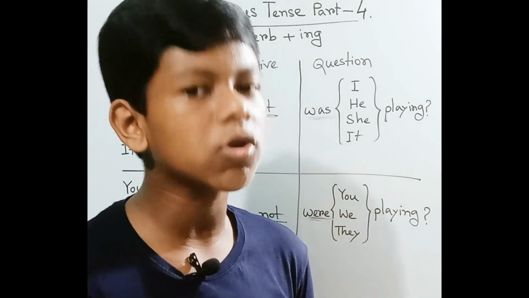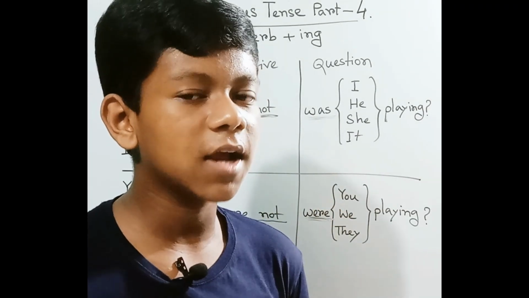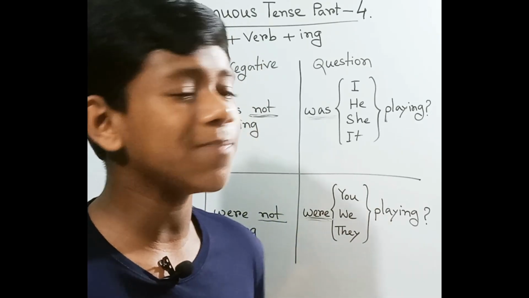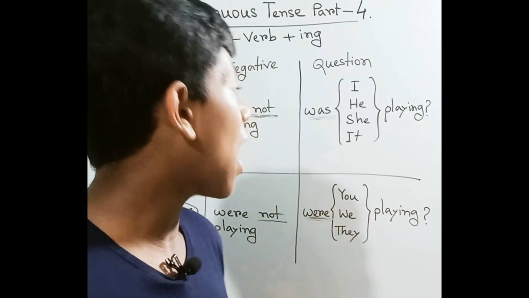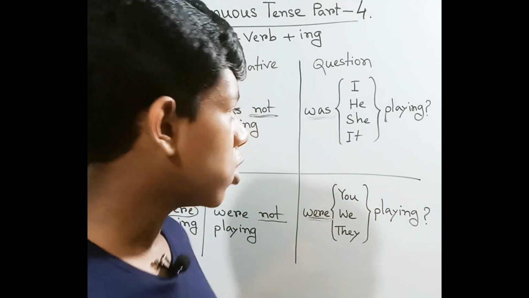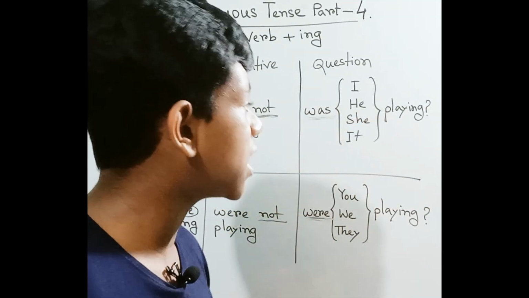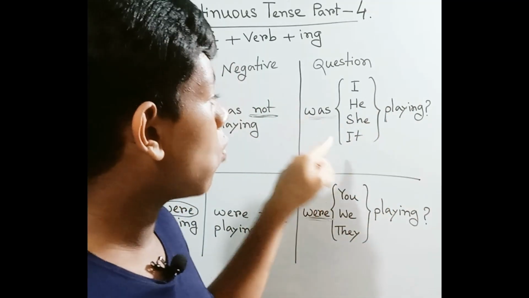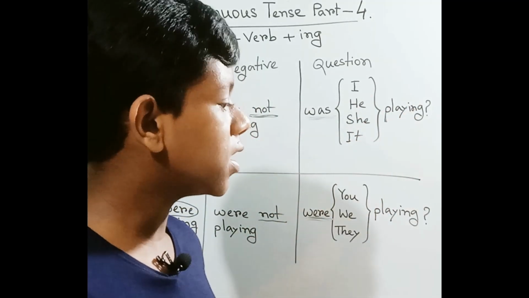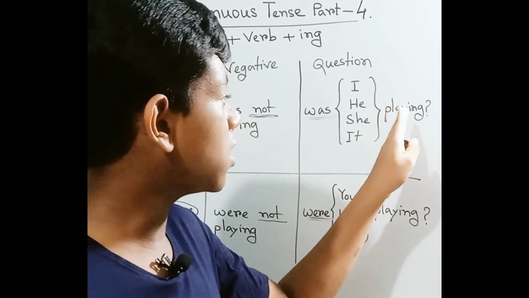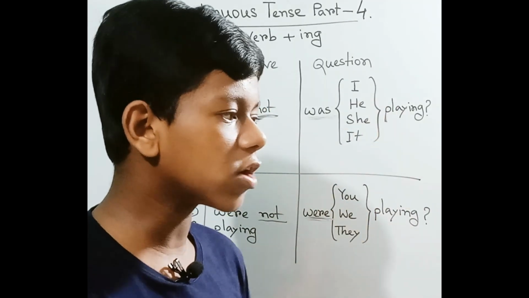And if we talk about the negative form of question, what do we need to do? We just simply add "not" after the subject. If we don't want to use the contraction form, we can simply say: Was I not playing? Was he not playing? Was she not playing? Was it not playing? You put the "not" after the subject, and then the verb with ing.